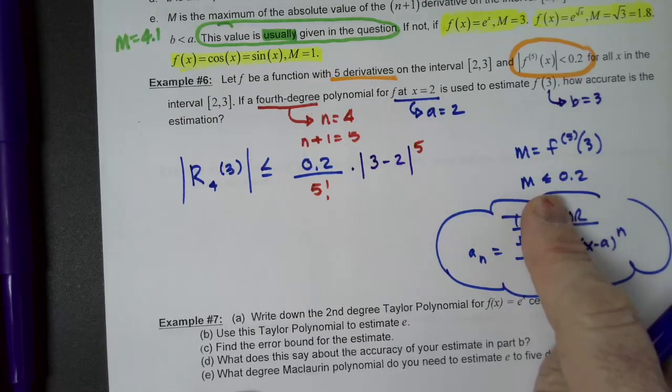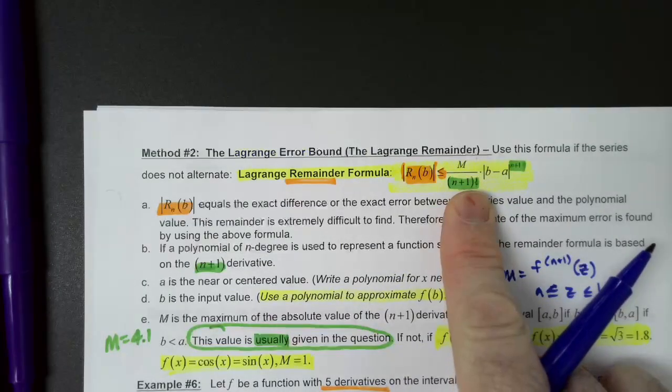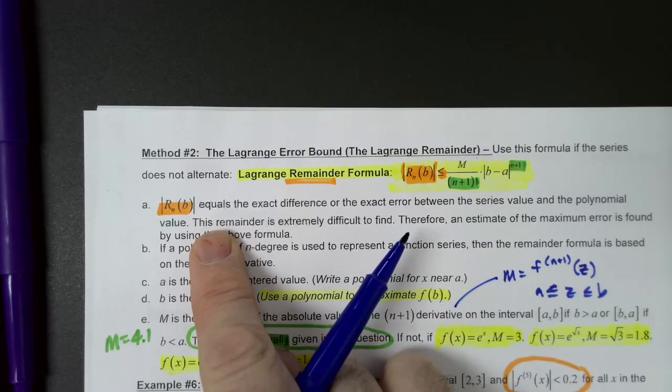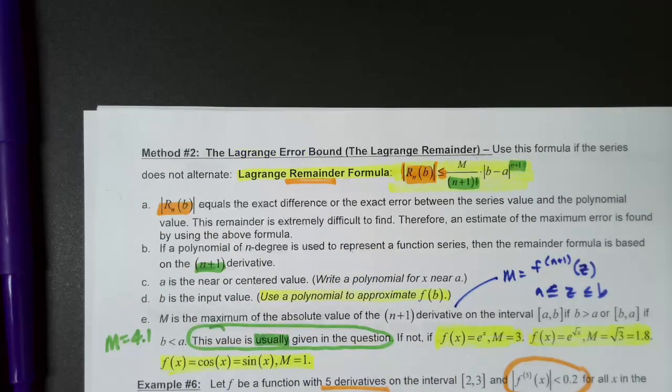No, I already have that memorized. Okay, look what Lagrange did. He stole Taylor's formula, right? Boy couldn't even create his own thing. Stole it from Taylor. Didn't even say, oh, this is the Taylor error bound. He stole the name. But it's still a Taylor polynomial here.